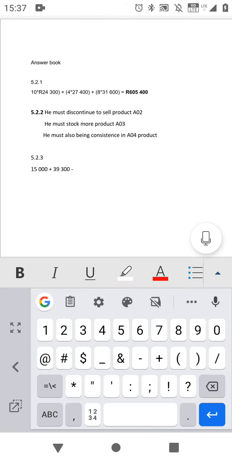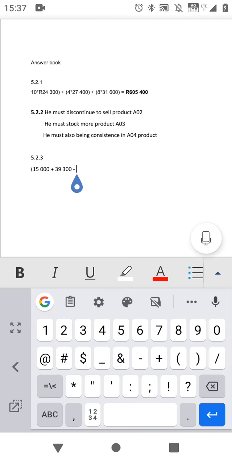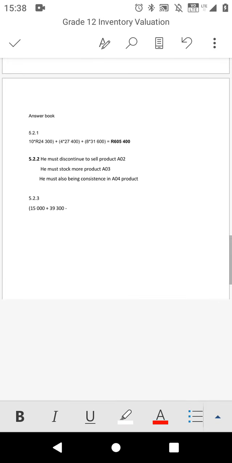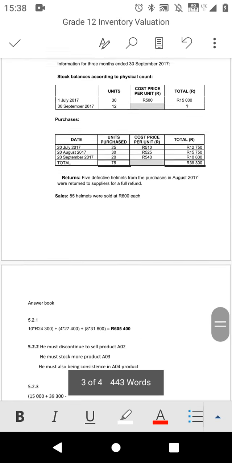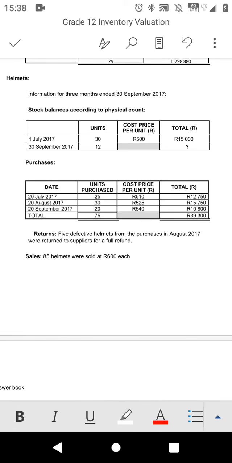Remember, we have to subtract the amount of the return. Let's first go back and see how we're going to calculate this return. They said 5 defective helmets. How are we going to get these 5 helmets?